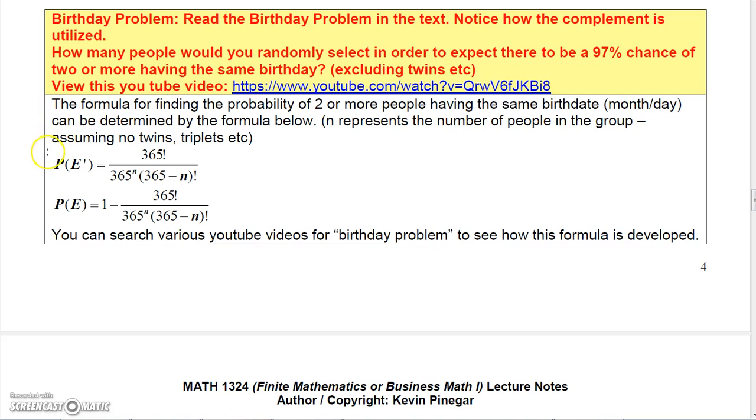Well, basically the probability of not having the same birthday is easier to calculate, because the probability that 2 or more do not have the same birthday can be calculated this way. And then if you want the probability that 2 or more do have the same birthday, you just subtract that from 1.